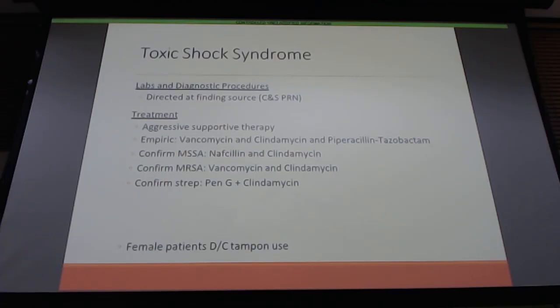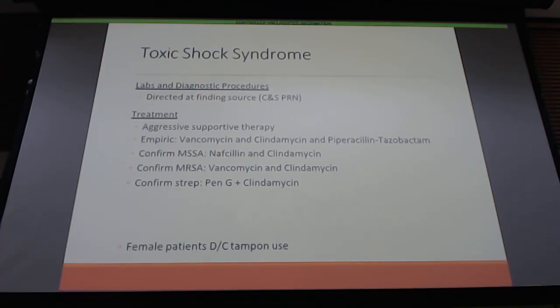Okay, so what are we going to do? We can do culture sensitivity. Whatever you can culture, whatever you can draw. If you're not quite sure, send off for culture sensitivity, and then aggressive supportive therapy, because this is going to affect your heart and your respiratory tract.